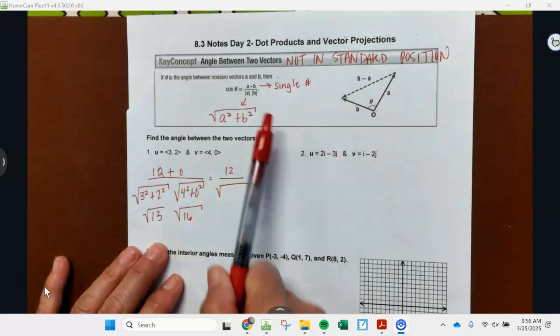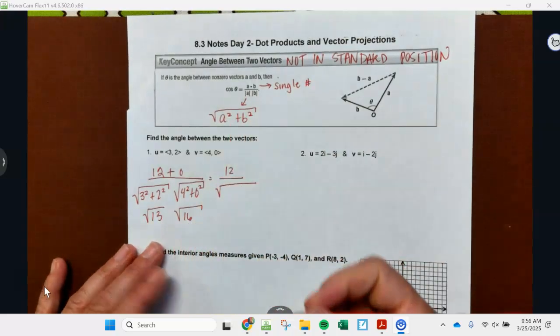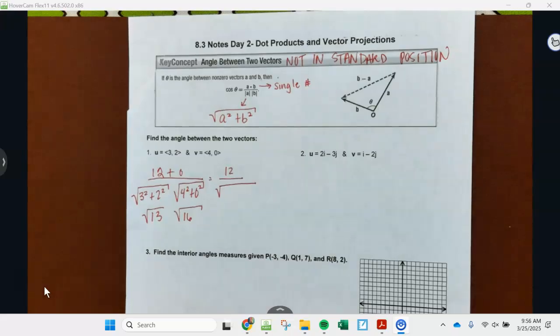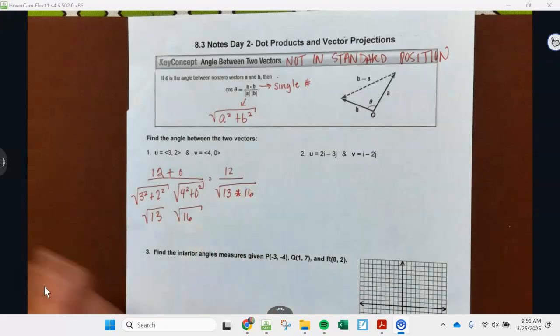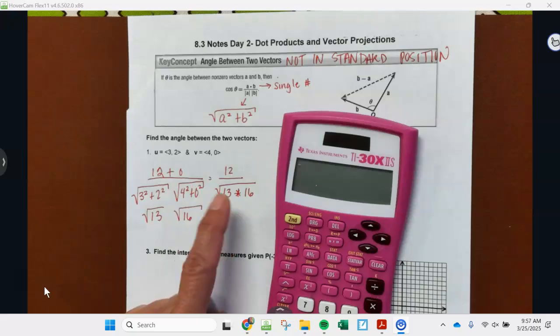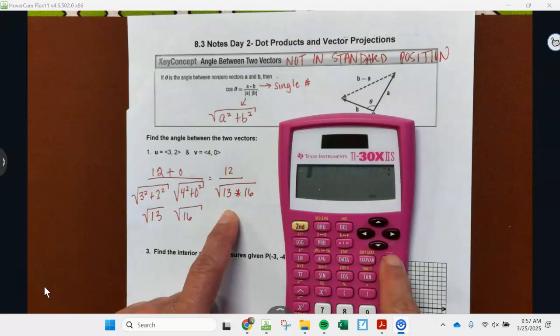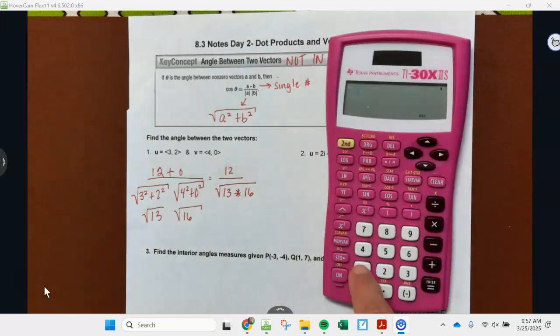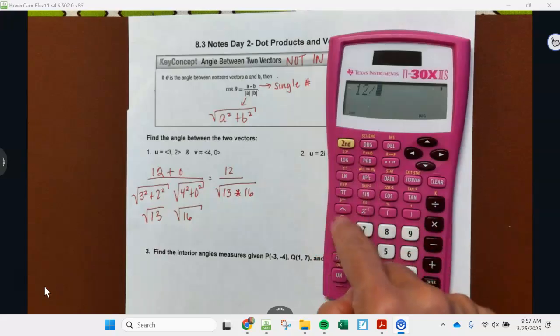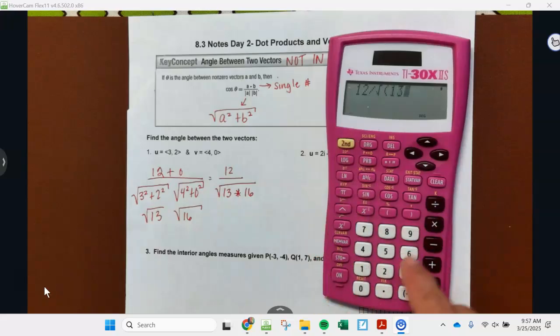So also remember, when you multiply roots, you can just write one root and multiply them under that root. So this is going to be 13 times 16 down there. And then I'm just going to type that in exactly like that on the calculator, get a decimal. All right, 12 divided by the root of 13 times 16.